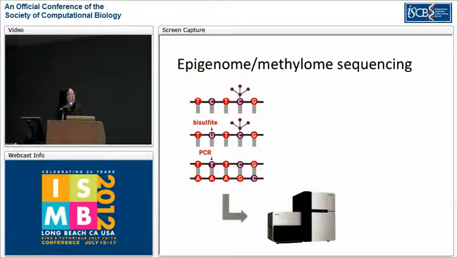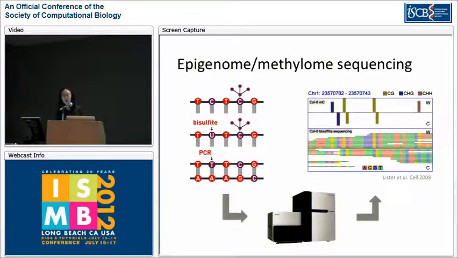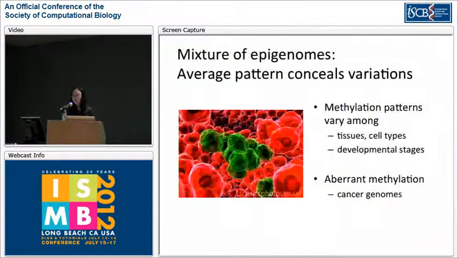The converted and amplified fragments were sent to the sequencer, and the reads, of course, were aligned to the reference genome, just like other sequencing. As a result, in addition to the DNA sequence, we also obtain the methylation state at each cytosine site.